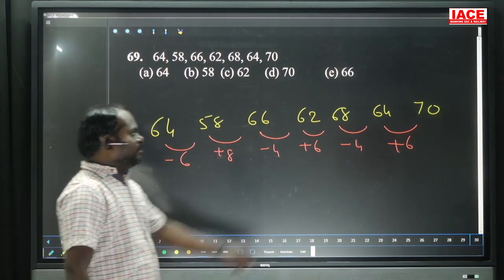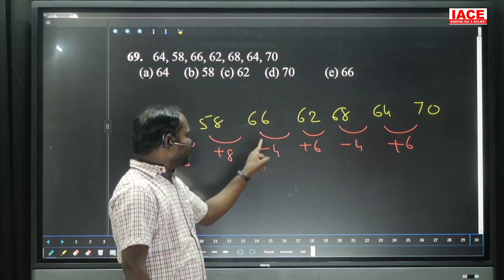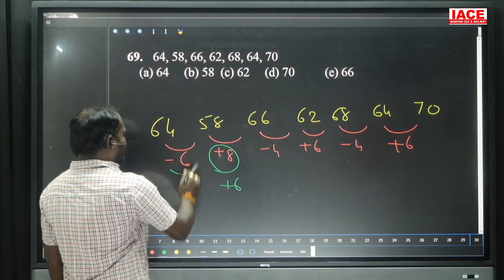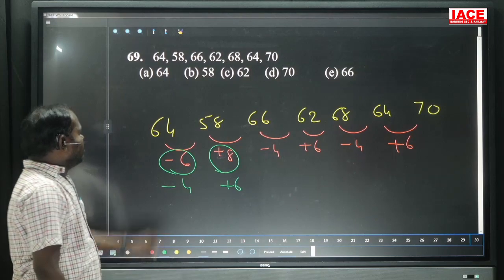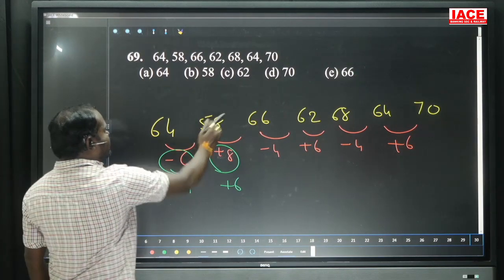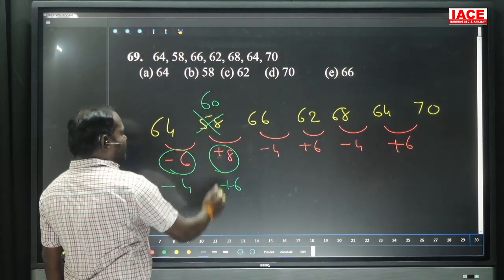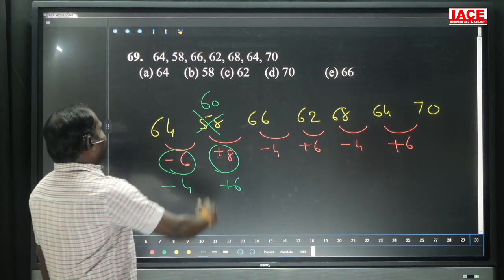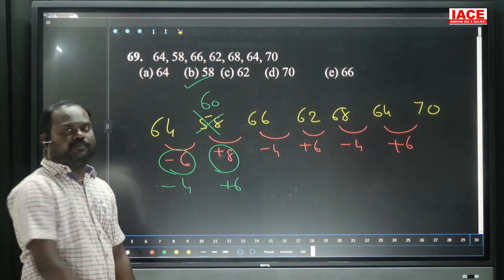If you observe from the back, plus 6, minus 4, plus 6, minus 4, that means it should be plus 6, then minus 4. 64 minus 4 is 60, and 60 plus 6 is 66. That is clear, so obviously 58 is the wrong number. Option B, right? Next.